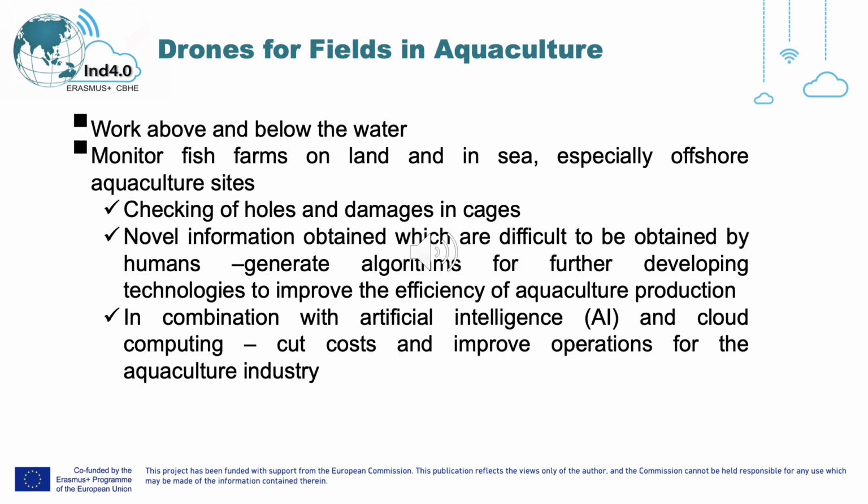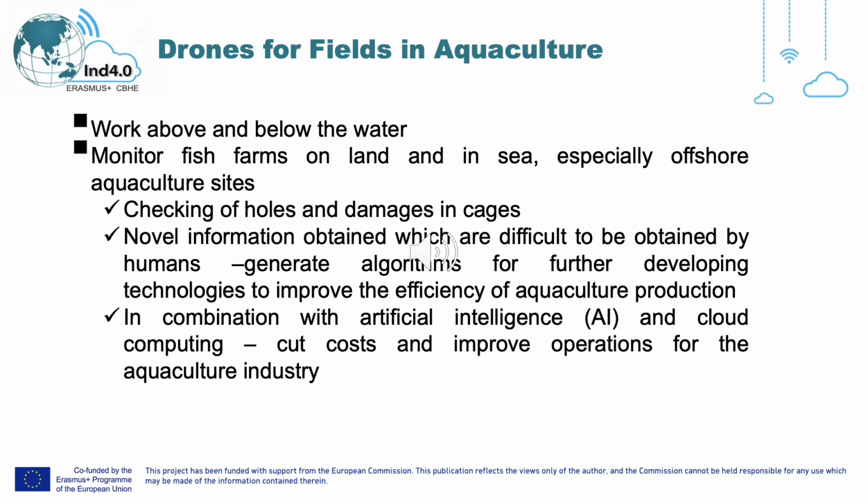Drones can do a lot of work above and below the water for the aquaculture industry. The fish farms, whether on land or in sea, and especially offshore aquaculture sites, can be monitored. Many works, including the checking of holes and damages in cages, can be carried out by drones.